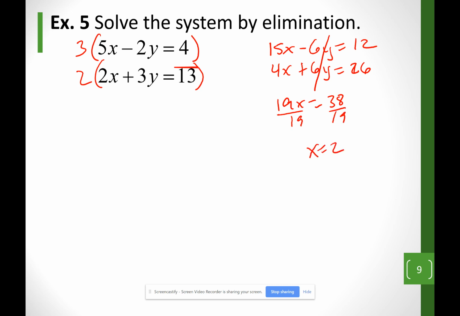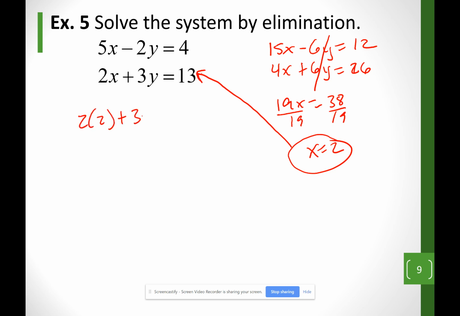Now that I know the value of x, I'm going to plug it into any equation. I'm going to look at my original equations, and I'm going to plug it into this one. It doesn't matter which one you plug it into. So I'm just going to go 2 times 2 plus 3y is equal to 13.